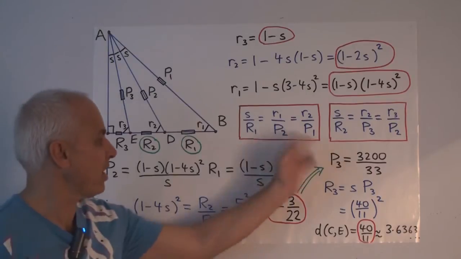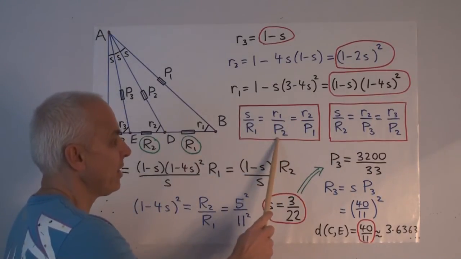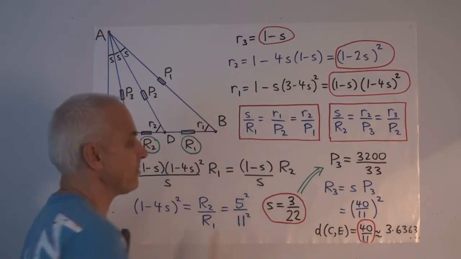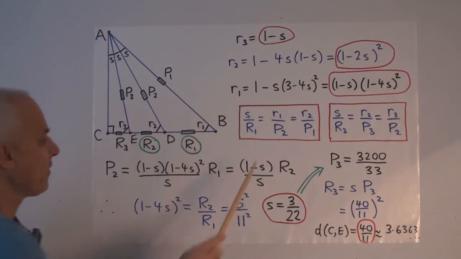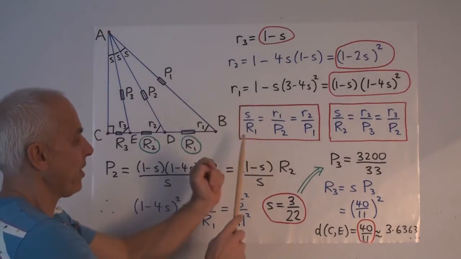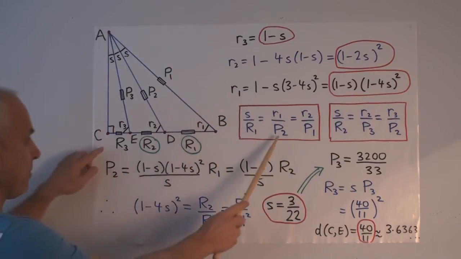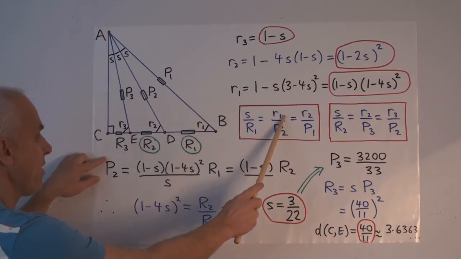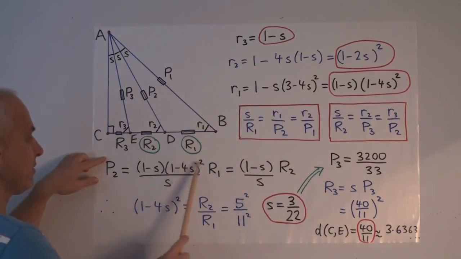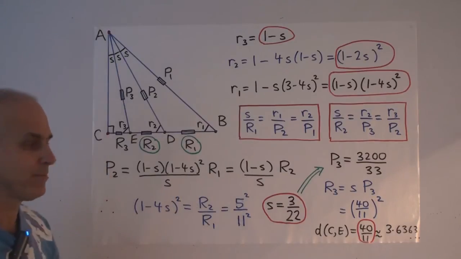So we have these two spread laws, and now we're going to combine them, and we're going to express P2 in two different ways. One from this equation and one from this equation. So from right over here, if we solve for P2 and put P2 up there, and bring the R1 over there and the S down here, we get P2 equals little r1 divided by S times capital R1.